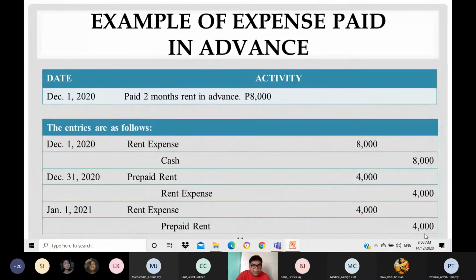So nung December 1 kasi, yung expense is used to record the expense. No? I-record mo siya as expense. And i-recognize mo rin yung prepaid expense, no? Which is the rent for January.